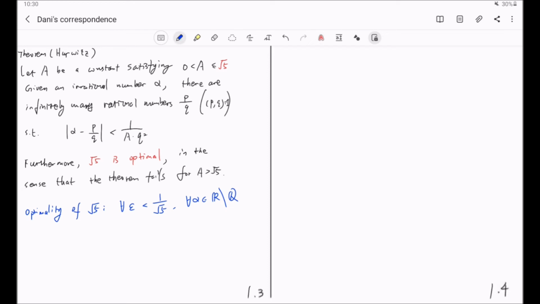To put it another way, this means for all but finitely many p over q's where p and q are coprime, we have the absolute value of alpha minus p over q is greater or equal to epsilon over q squared.